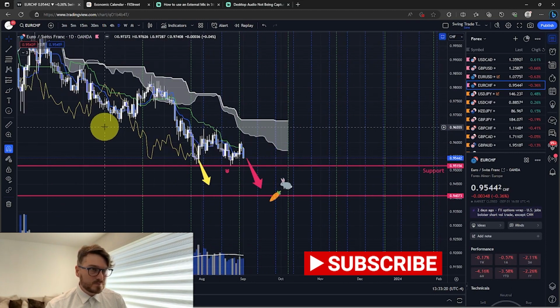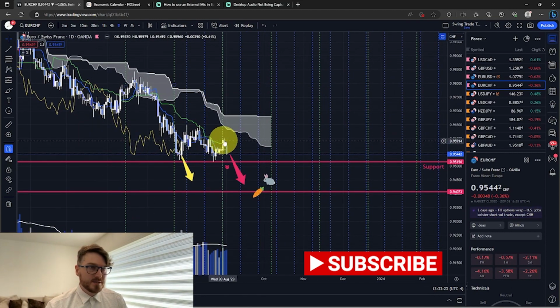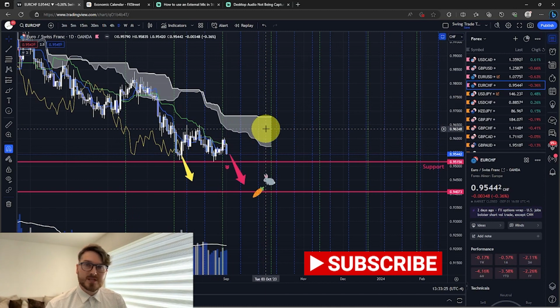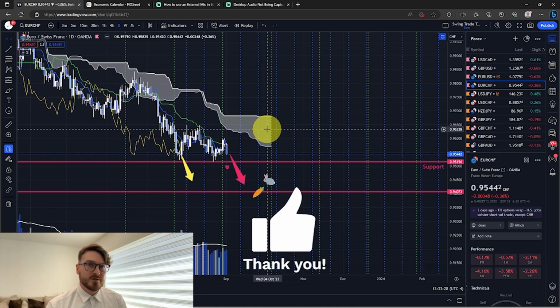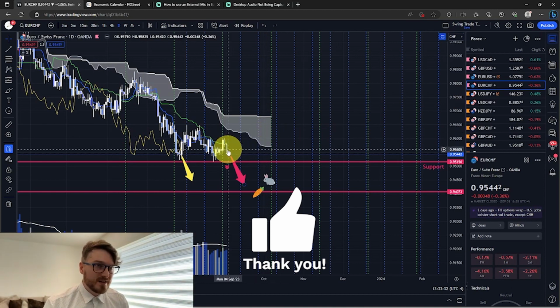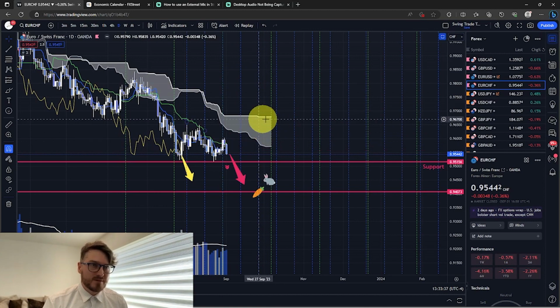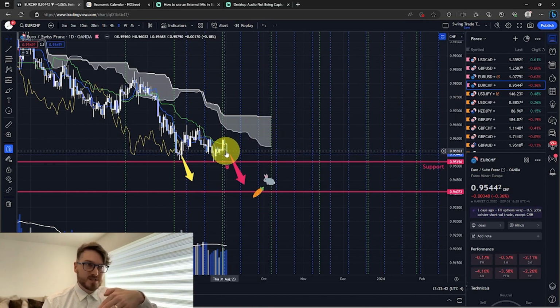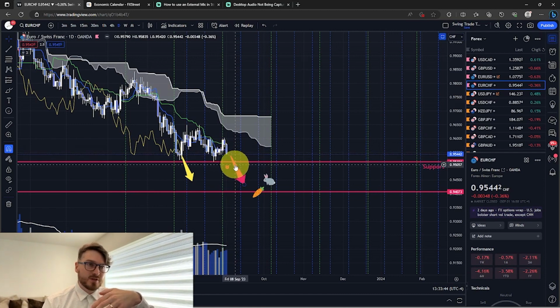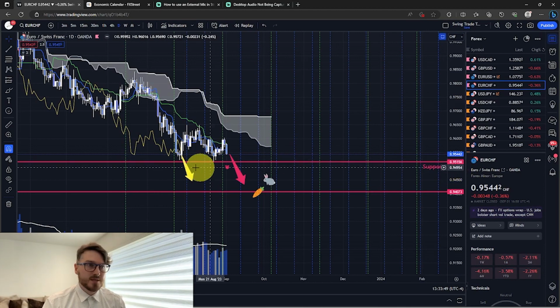And so, as you can see, we have started to build a pretty nice Kumo cloud structure here on the daily chart. Now this is still Euro Swiss franc, and we have price now closing below the Tenkan-sen and the Kijun-sen, but everything's still flat, right? So until we get all 5 lines pointing down, we're going to need to close below this support level, which is 0.95156.